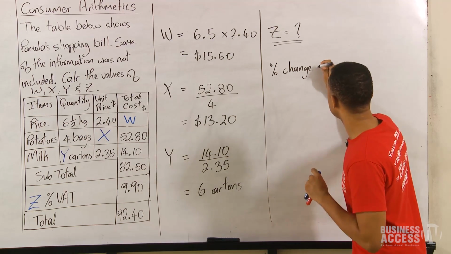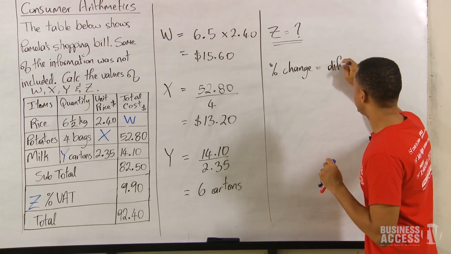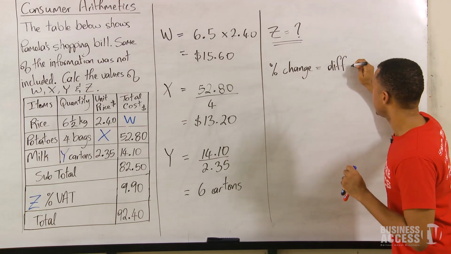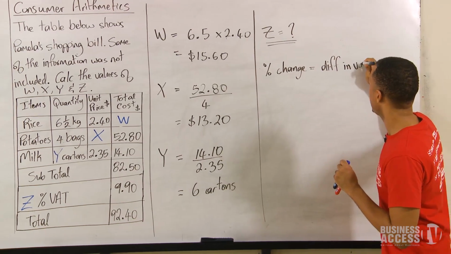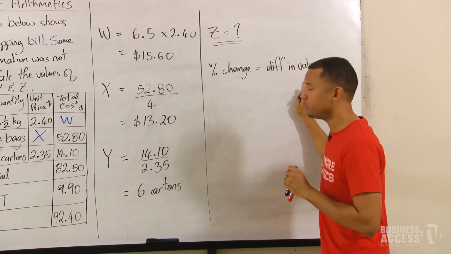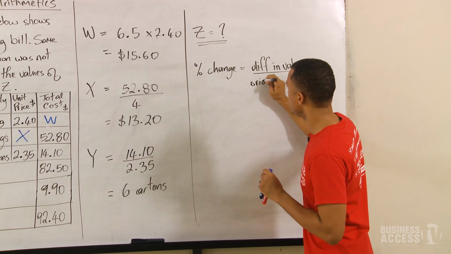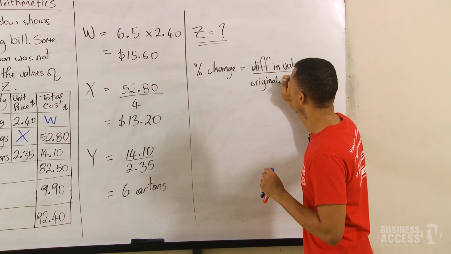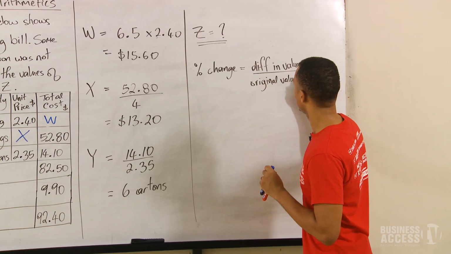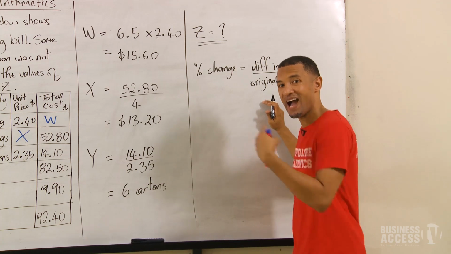The percentage change is equal to, look at this, the difference in value over the original value. So that is the initial value, the before value, not the after value.